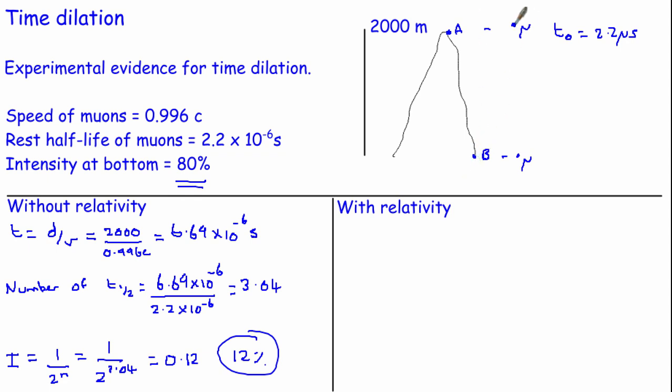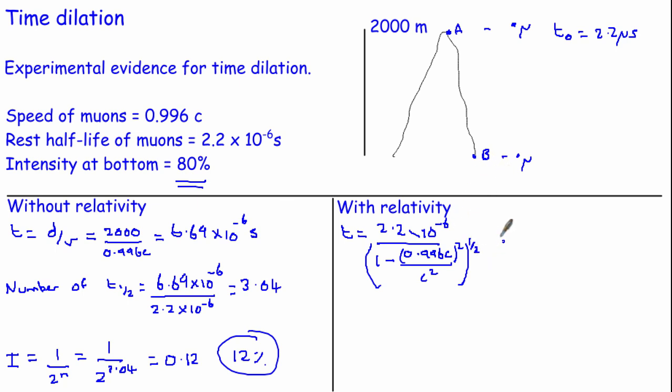Because we're moving relative to them, then we will measure a different time. So let's work out what that time is. So the relativistic time is equal to the proper time. So that's your 2.2 times 10 to the minus 6 seconds over 1 minus 0.996c all squared over c squared, and that whole thing on the bottom is to the power of a half.